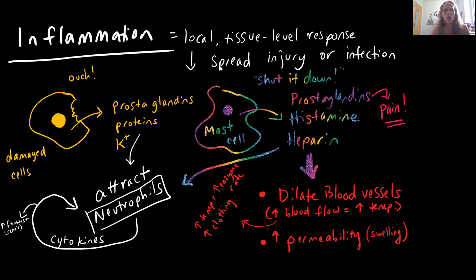So we'll see that also the release of the histamine and heparin, in addition to increasing your number of white blood cells simply by increasing blood flow, we have another example of positive chemotaxis. So these chemicals will attract neutrophils to the area. Neutrophils will release another chemical called cytokines that will cause more neutrophils to come to the area.